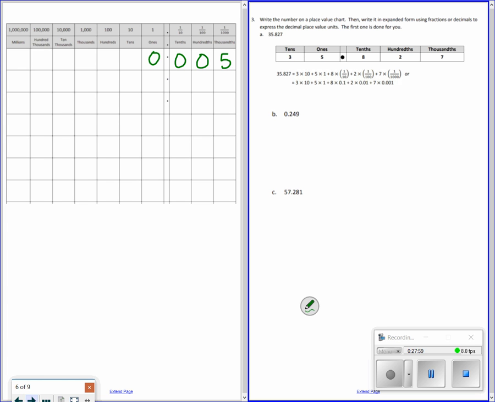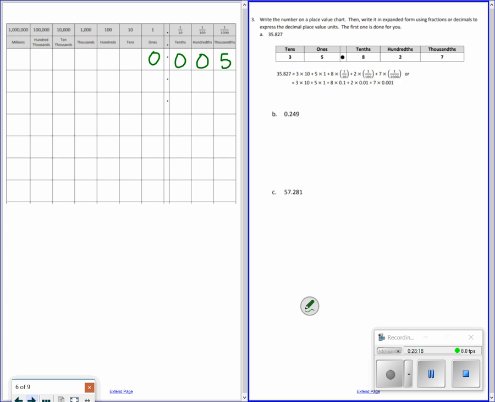B and C aren't. So this is where I was saying that it looked super duper cluttered. All they did was take a number and put it in expanded form. And they just left out the parentheses.